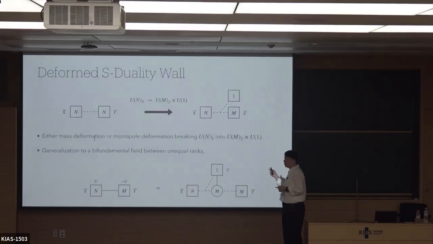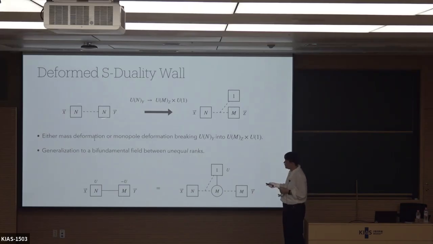But before moving into the example, I'd like to introduce a slight deformation of this building block. So I show you this is a TSUN tail, but now I want to break this flavor symmetry slightly by either turning on the nilpotent mass term or monopole potential, okay?